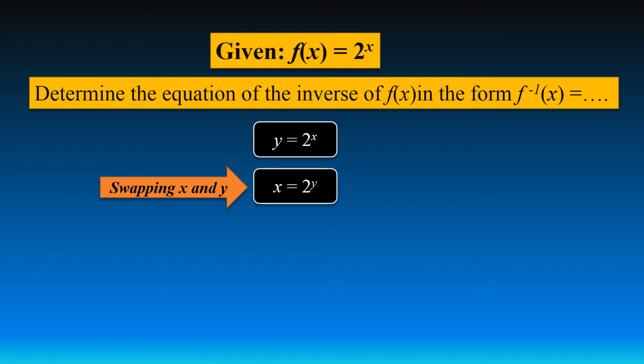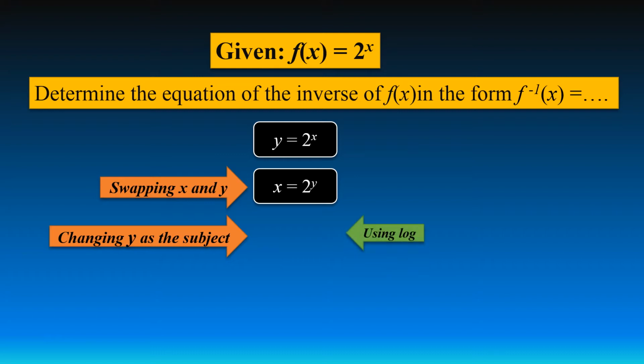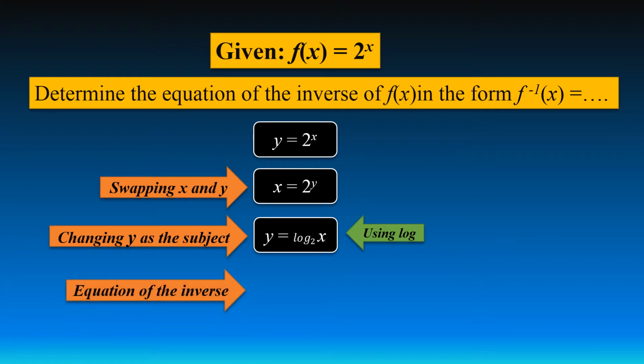So x equals 2 to the power y. Now we change y to be the subject. For that we need the idea of log. Using log we can write y equals log x base 2. Now for the inverse, we write f inverse x equals log x base 2.